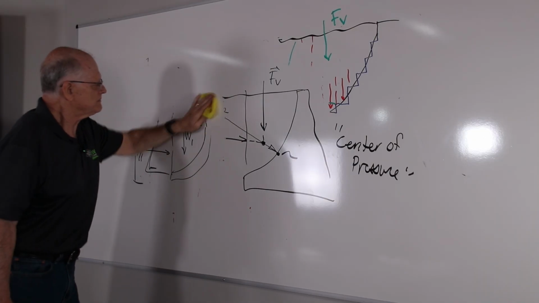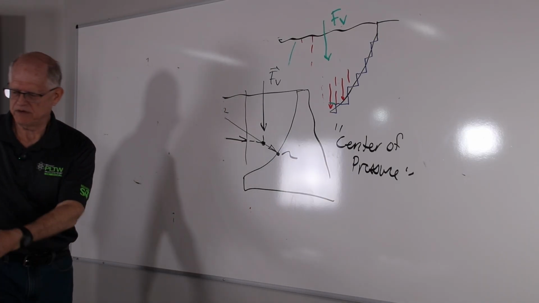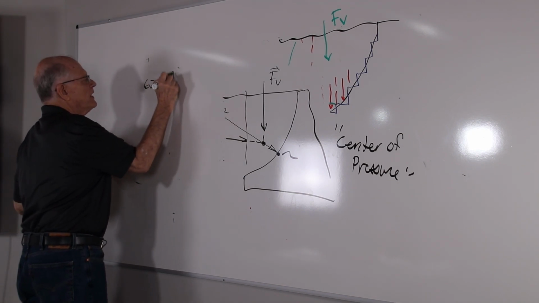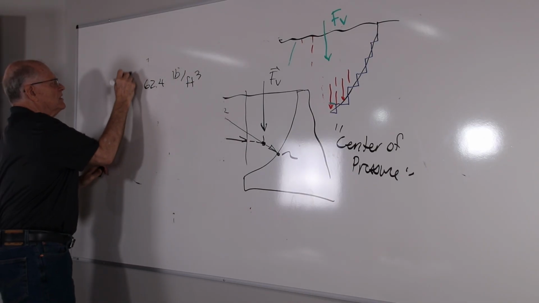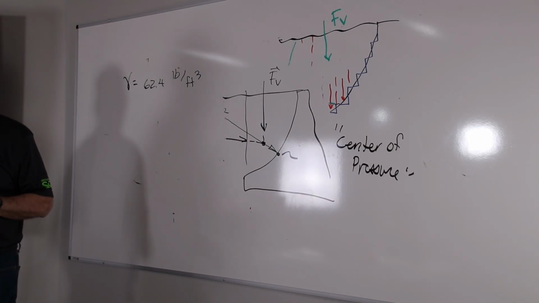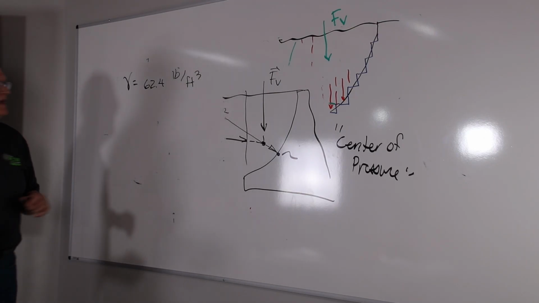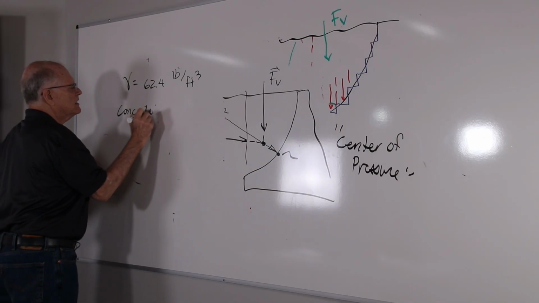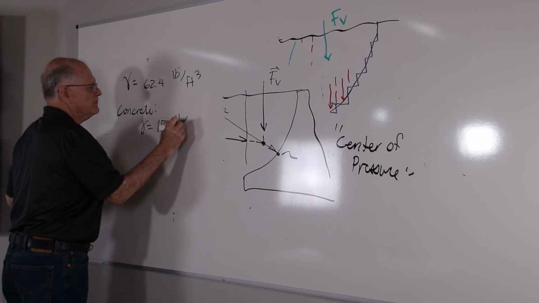We said fresh water is 62.4 pounds per cubic foot. That's gamma for fresh water. Do you know what a gamma for concrete is? It's about 150 pounds per cubic foot.